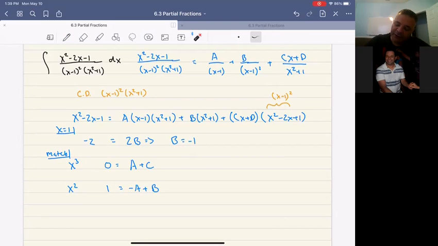And then here we're going to get d minus 2c. Let's write it as minus 2c plus d, because I'm going to be particular about alphabetical order with myself. Okay, that's the x squared.